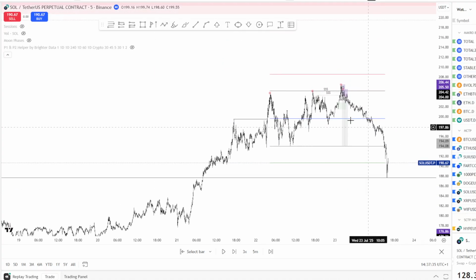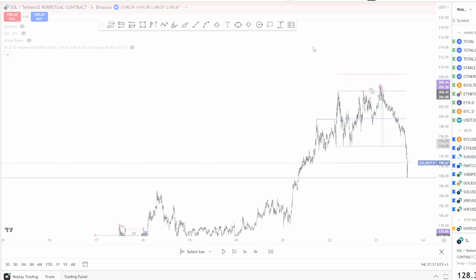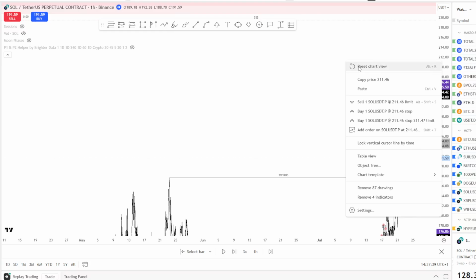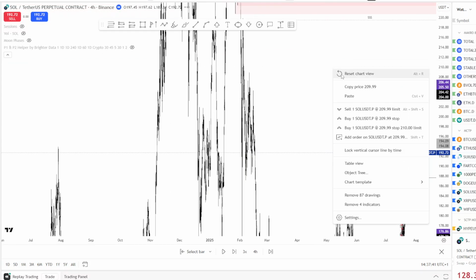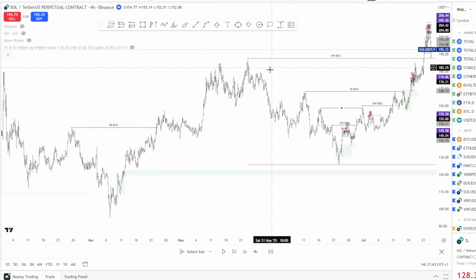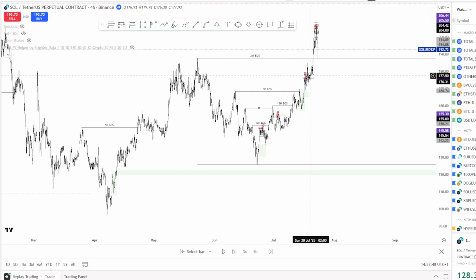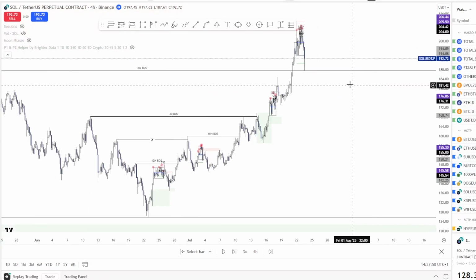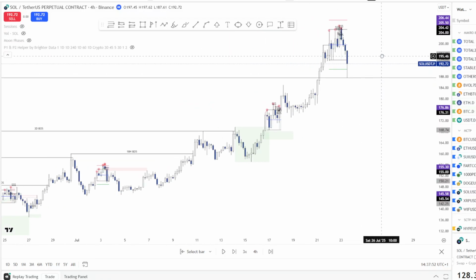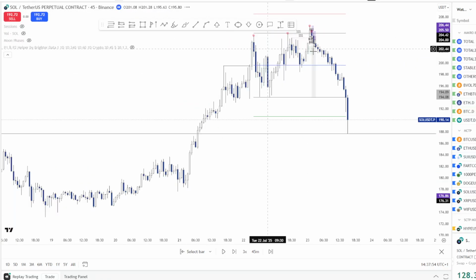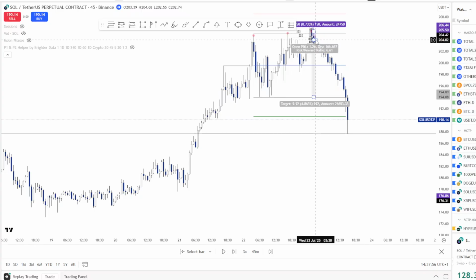Context-wise, it was pretty pro context. Why? Because we broke 2-week structure after a very nice long move up, and in these moments you can extend your trade.